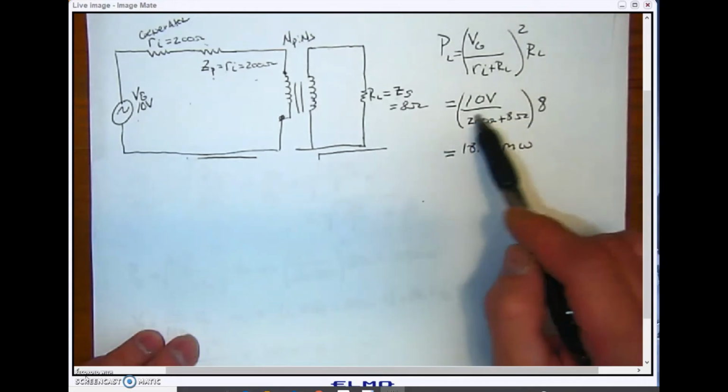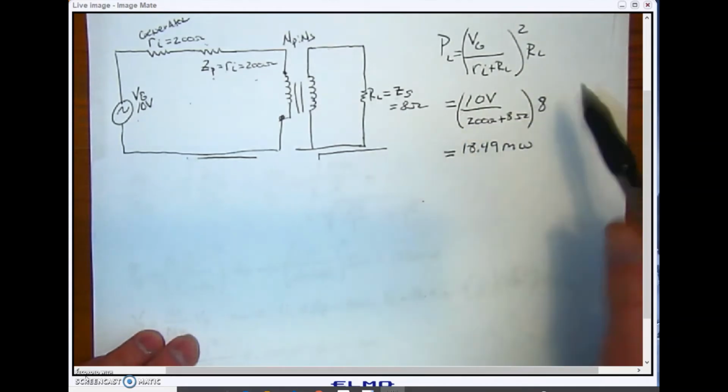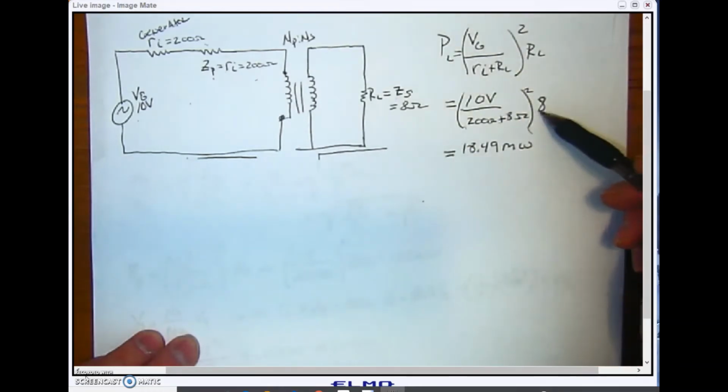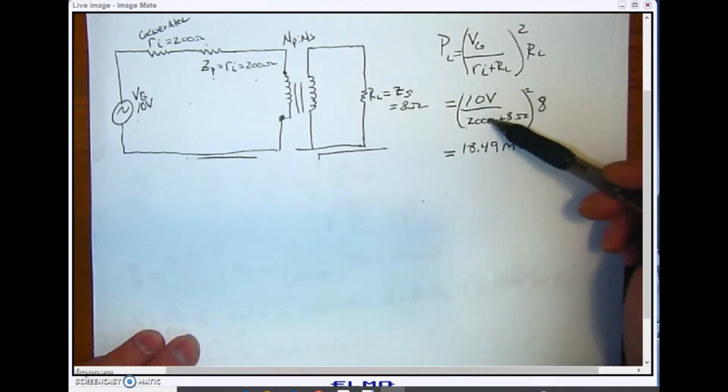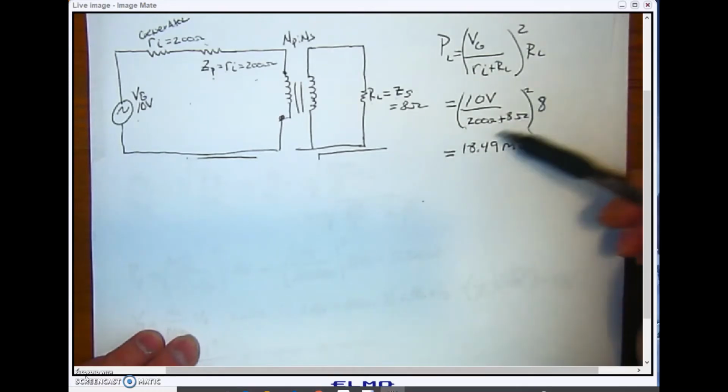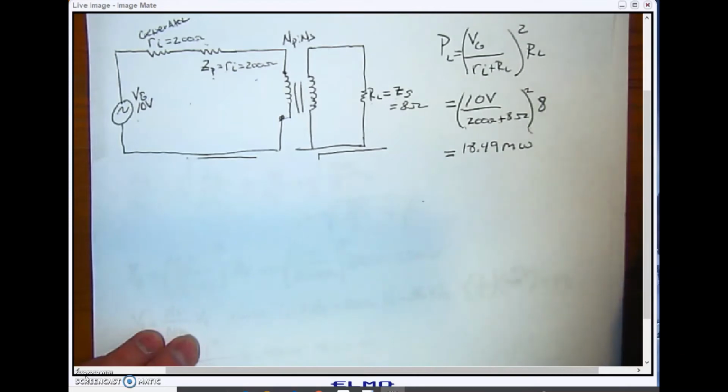So if we do it this way, we have 10 volts over 200 plus 8, square it, times 8, which gives us 18.49 milliwatts of power.